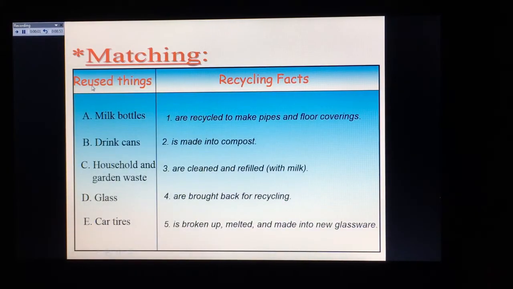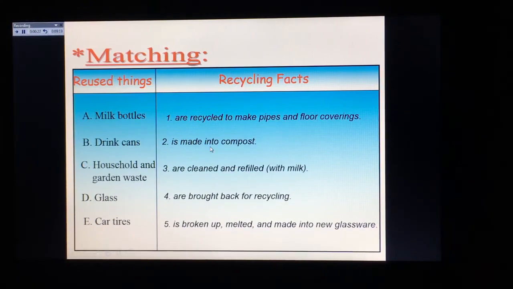And now you read the text one more time, and then you do the matching here. Review things. Milk bottles, drink cans, household and garden waste, glass, car tires, and recycling facts. Number 1 are recycled to make tiles and floor coverings.